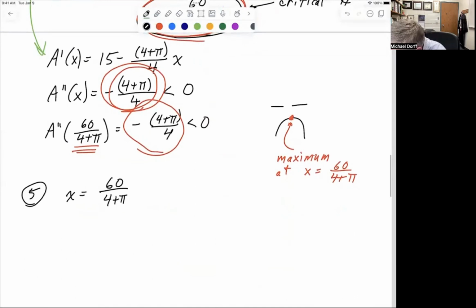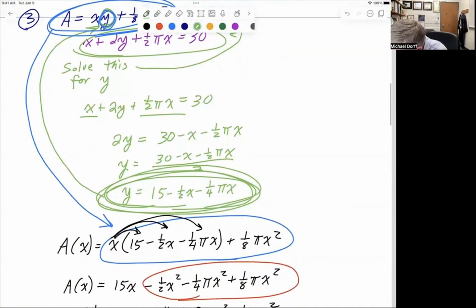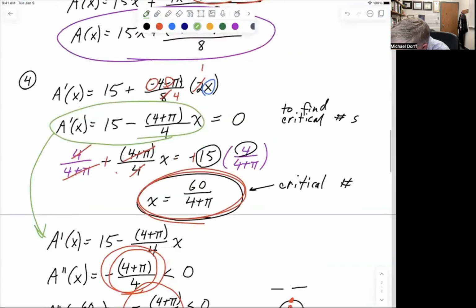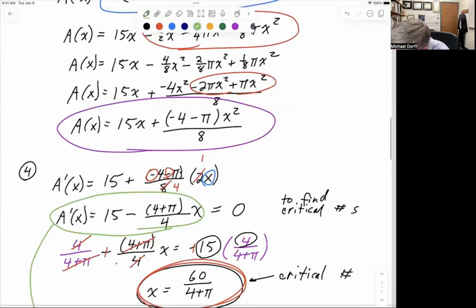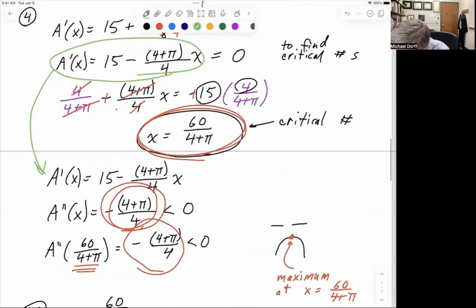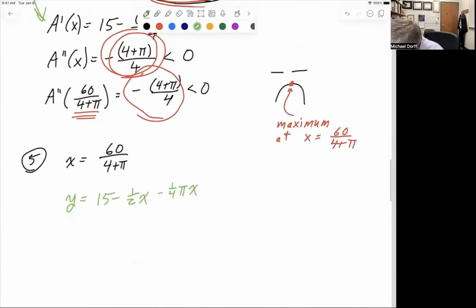We're going to use the fact that we found earlier in green that y was this value: 15 minus 1/2 x minus 1/4 pi x. So I'm going to write that down here. Y equals 15 minus 1/2 x minus 1/4 pi x. And now I'm going to put this x value in for x here and here.